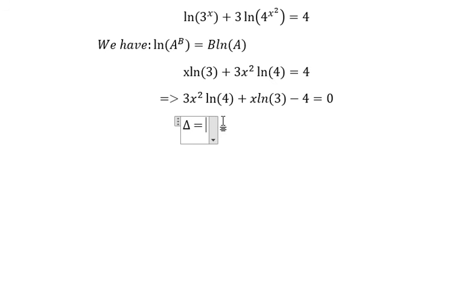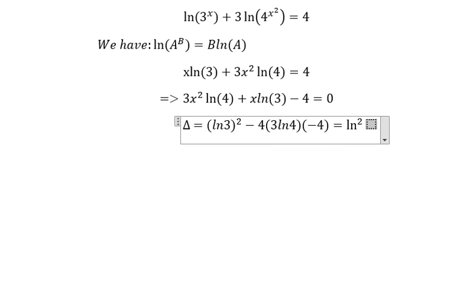In delta, we have ln of 3 to the power of 2 minus 4 multiplied by 3 ln 4 with negative 4. And we get ln squared, and we have positive because we had a negative of negative 4, and that's about 48 ln 4.